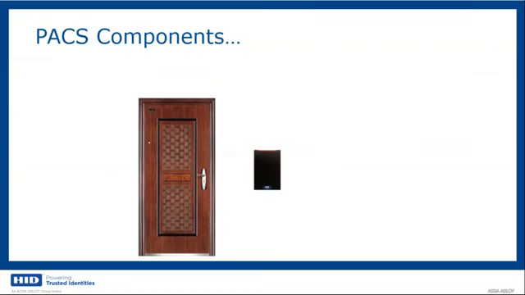So normally what we want to do is control the access in a door. How do we do it? We use a reader. The reader will be the main component that will identify the person that is trying to get inside.